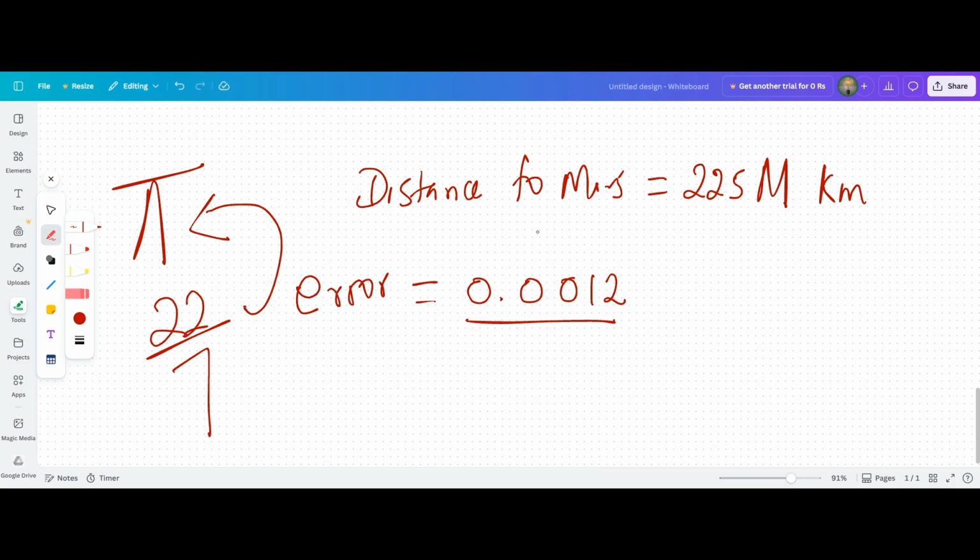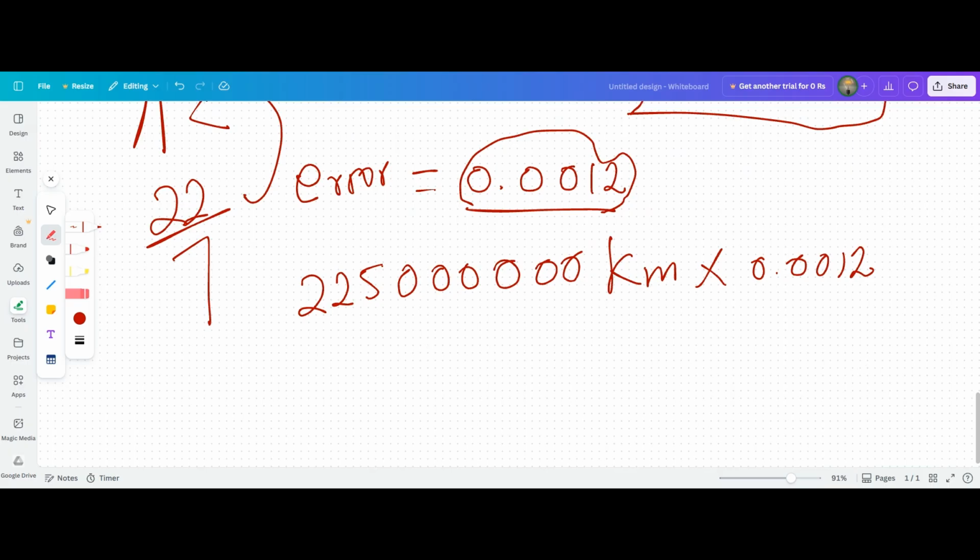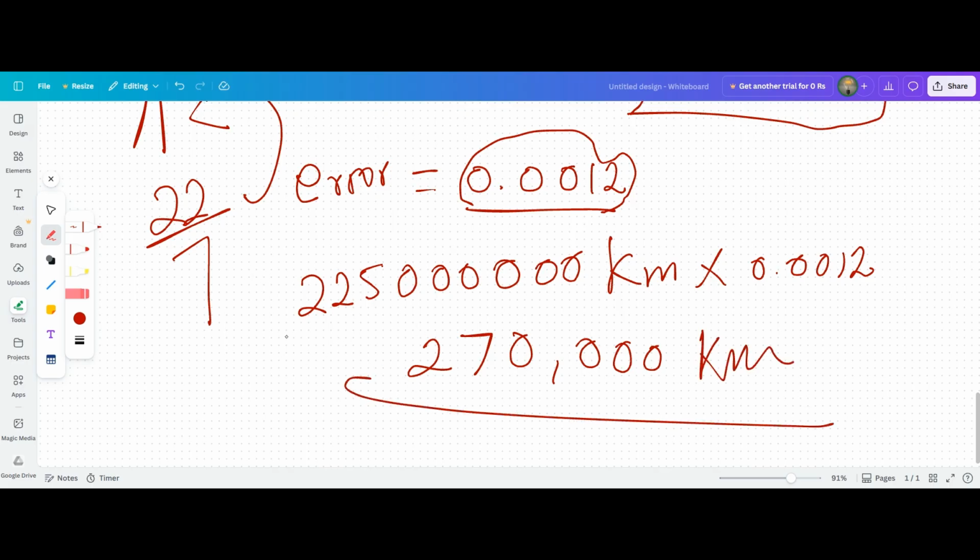If you multiply this tiny error with the distance to Mars, 225 million kilometers times 0.0012, you will get around 270,000 kilometers. So if they launch a spacecraft using 22 by 7, it will totally miss the planet.